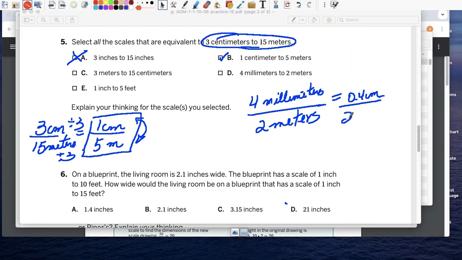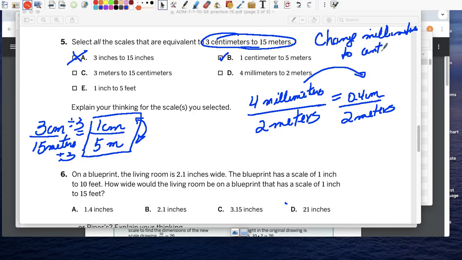Over 2 meters. So the first adjustment you had to make was to change millimeters to centimeters. Now that you have the 2 units correct, centimeters and meters, we can simplify this and see if we get 1 centimeter to 5 meters.